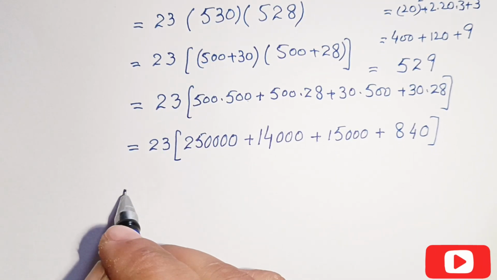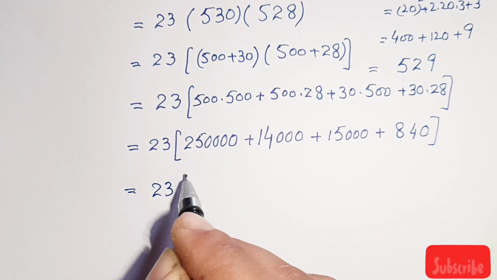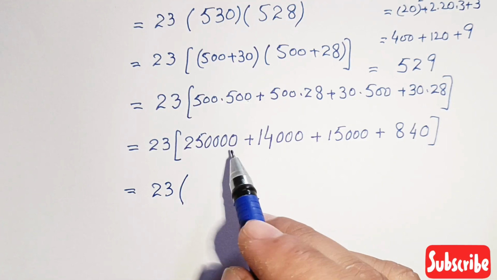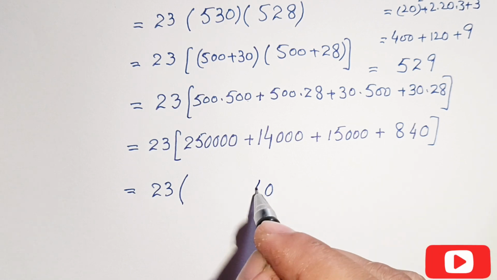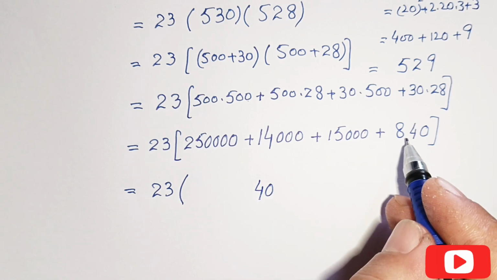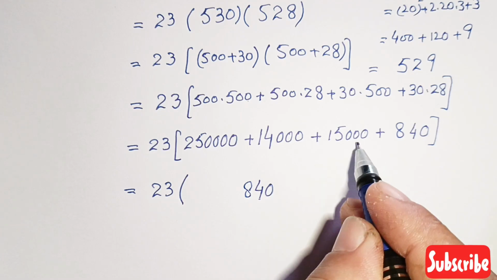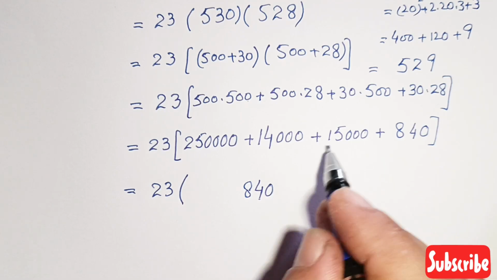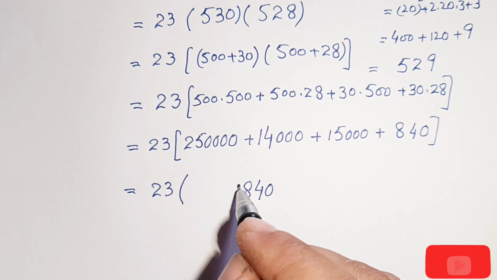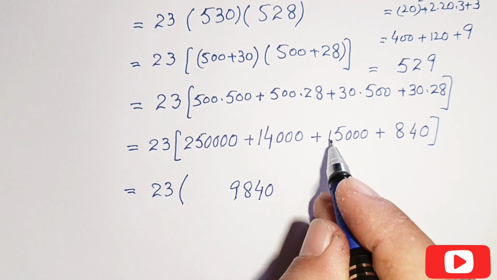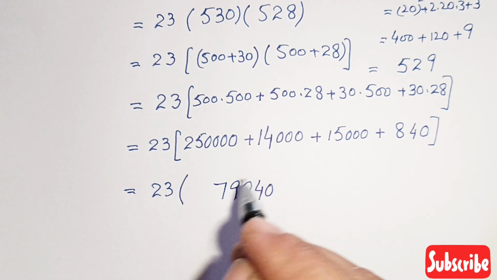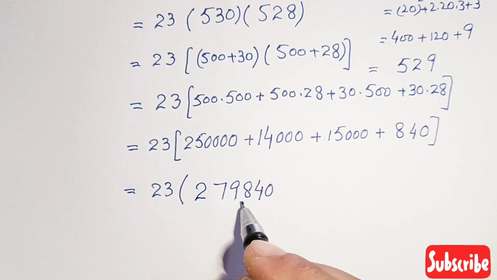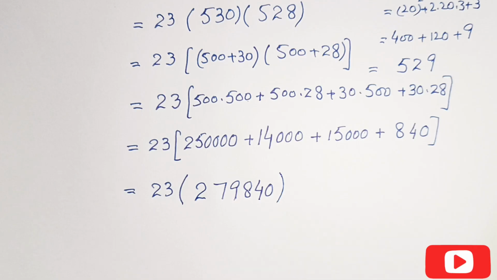Now adding all these, we have 0, and then 4, then 8. Next, if we add 5 and 4, we get 9. And then 1, 1, 2 and 5, 7, and 2. So 279840.